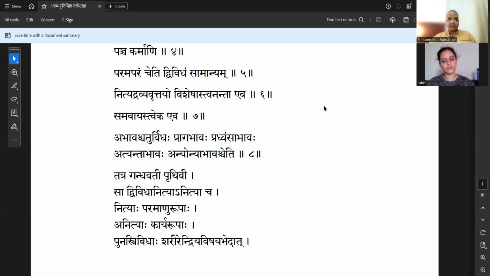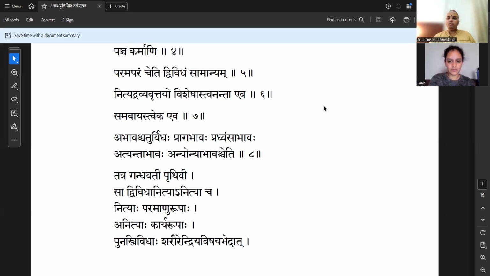If it is only there in certain entities of the definendium, then you have a fallacy called avyapti, narrow application. And if the definition is there in all the entities of the definendium, but exceeds to other entities which don't come under the definendium, then you have a fallacy called ativyapti, over application.